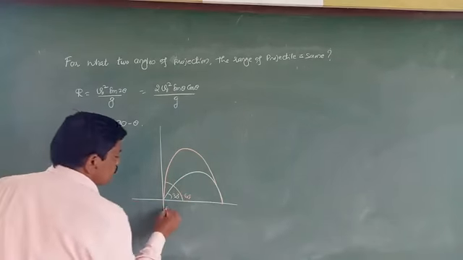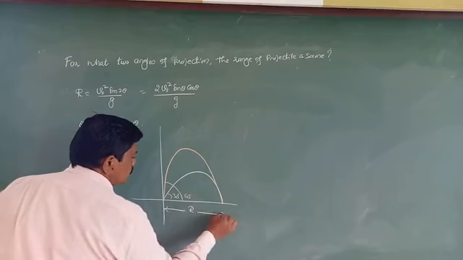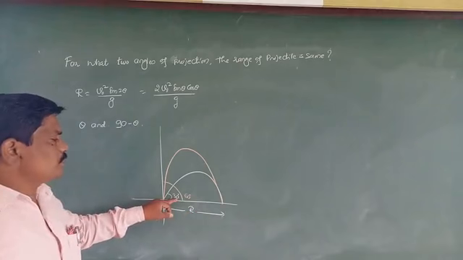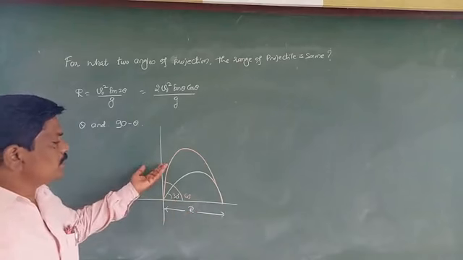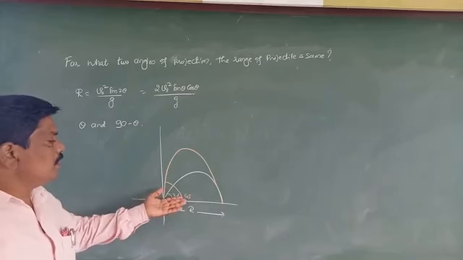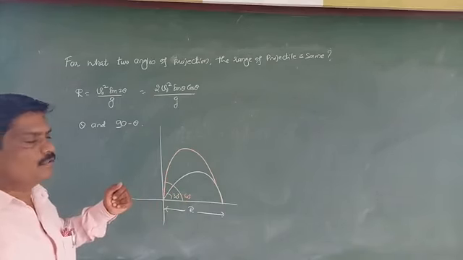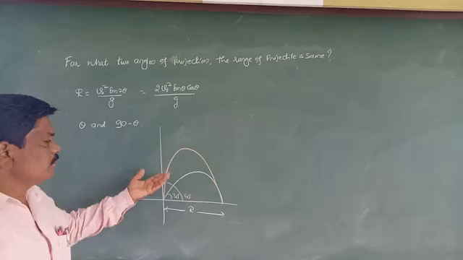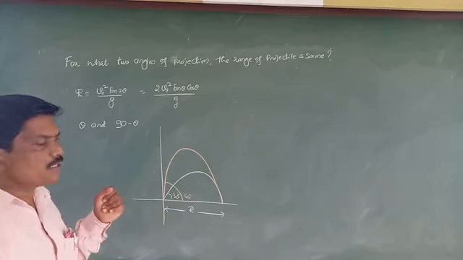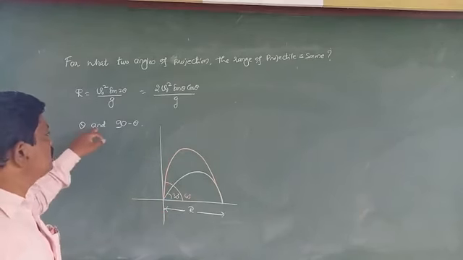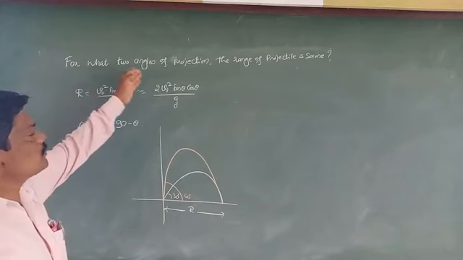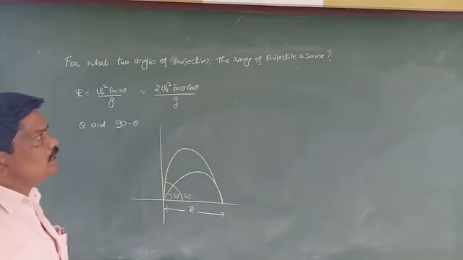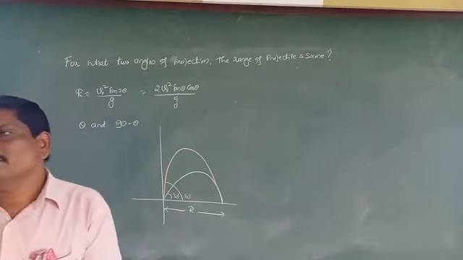R is the same. Similarly, if the first angle of projection is 20 degrees and in the second case it is 70 degrees, in both cases the initial speed is the same, so we again get the same range. Generally we can say theta and 90 minus theta are the two angles of projection that give the same range. Okay, thank you.